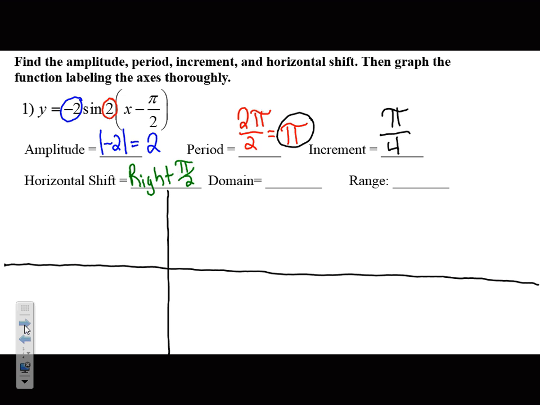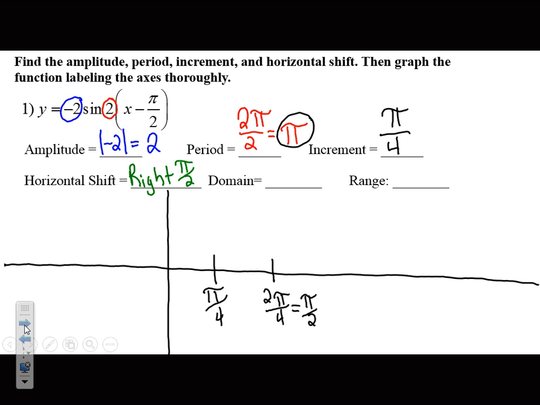That's the first thing I want to find. If I set up my increments, my first one's pi over 4, so that's not it. My next one is 2 pi over 4. This is where we might have to make sure we know how to simplify, because 2 pi over 4 is the same as pi over 2. So this is where we're shifting to.